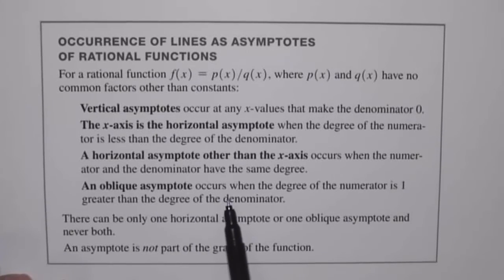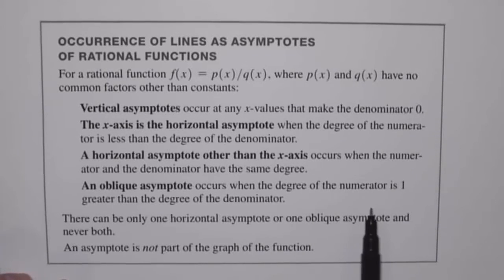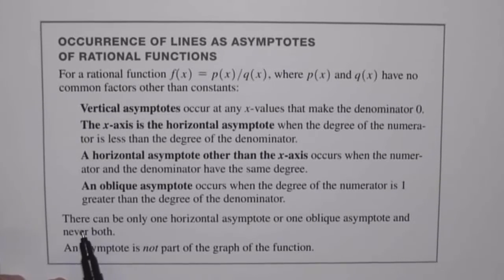An oblique asymptote occurs when the degree of the numerator is 1 greater than the degree of the denominator. So again, like in the previous example, the degree of the numerator was 3, the degree of the denominator was 2. So the fact that the numerator's degree was 1 more than the denominator's degree meant we had an oblique asymptote.